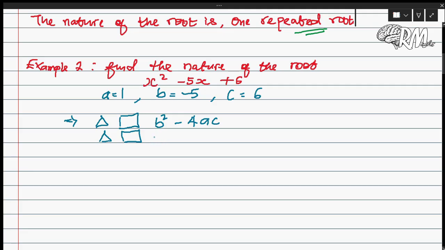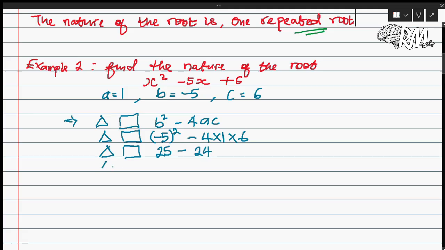Then delta, then the box. What is b in the question? B in the question is minus 5, then we'll bracket it square, then minus 4 times 1 times 6. Then delta, then the box, minus 5 square equals 25, then minus 4 times 1 is 4, and 4 times 6 is 24.